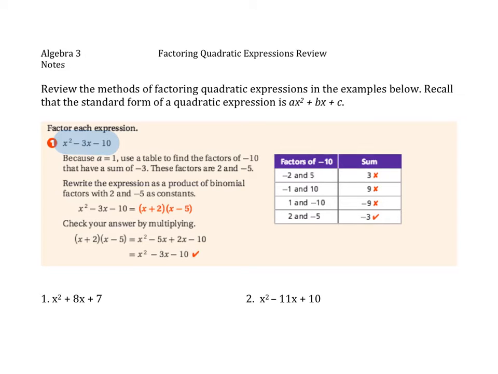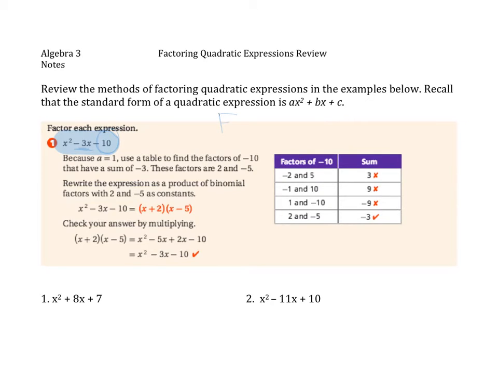So the first thing you do is you look at the last term, and you want factors of that term that will add together to give you the middle term. So think about when you FOIL. Let's make this darker.